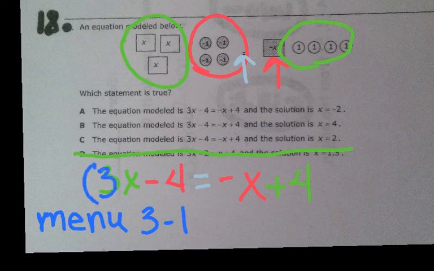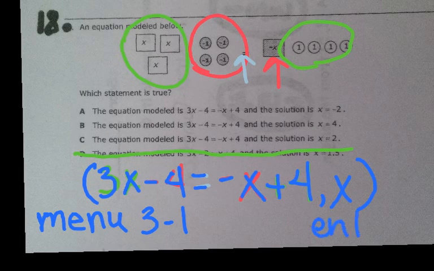It'll have open parentheses and then 3x minus 4 equals negative x plus 4. Then you're going to find the little comma sign. Click on that. Then you're going to put x to tell the calculator to solve for x. And then you're going to put close parenthesis and then hit enter. It should give you x, which is a positive 2. So C is your answer.